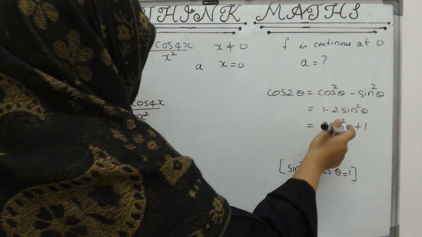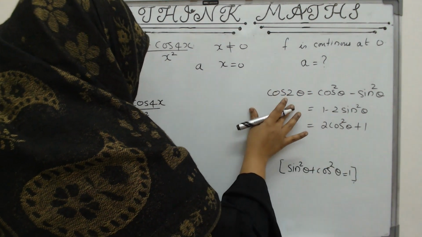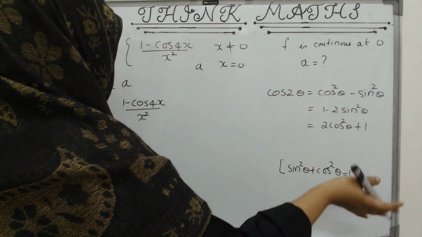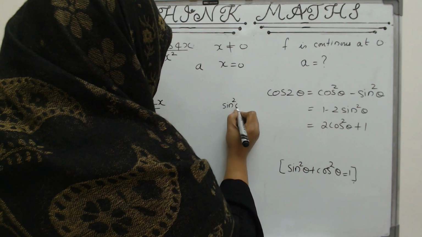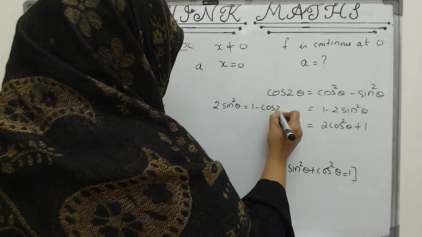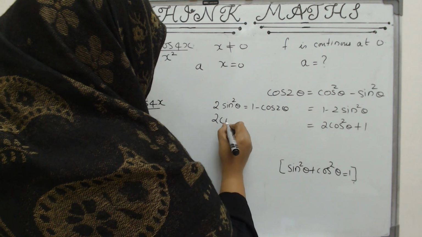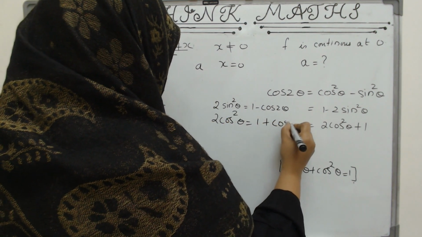And now you see the difference. Both of them will give you two different formulas for the same thing. For the same cos 2 theta, you will get two different equations. One is sin square theta would be 1 minus cos 2 theta. But at the same time, cos square theta, you will get 1 plus cos 2 theta.